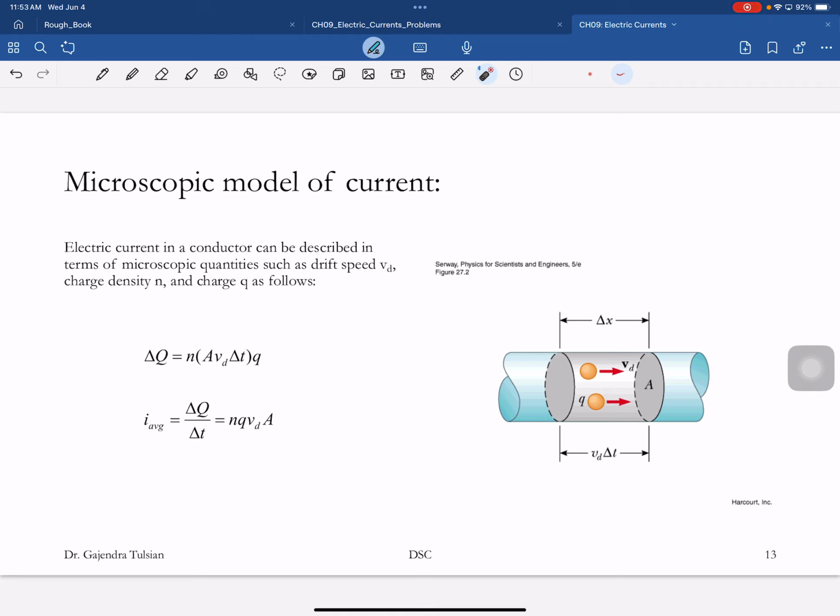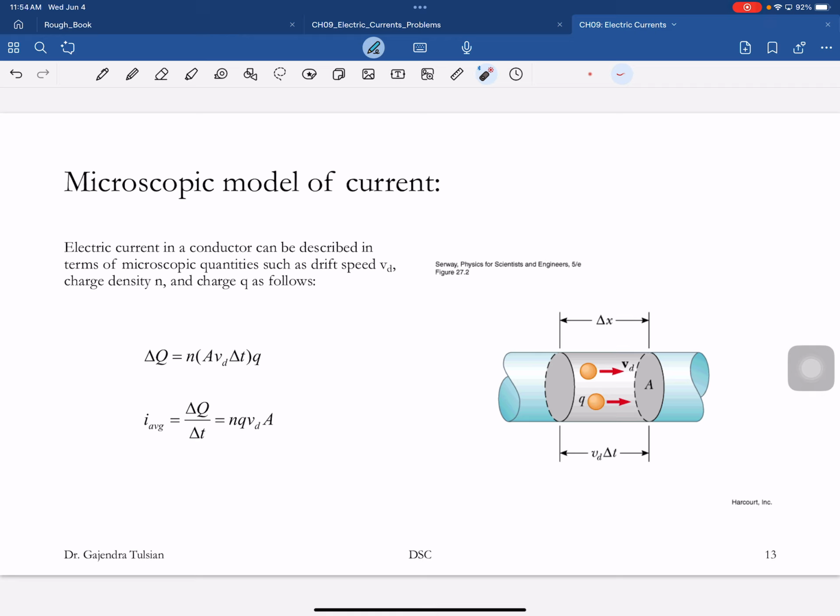So here's a piece of copper, or whatever, and it's carrying a current I. Here N is the number of free electrons per meter cube. That's the number of free charges. And what do we mean by free charges?